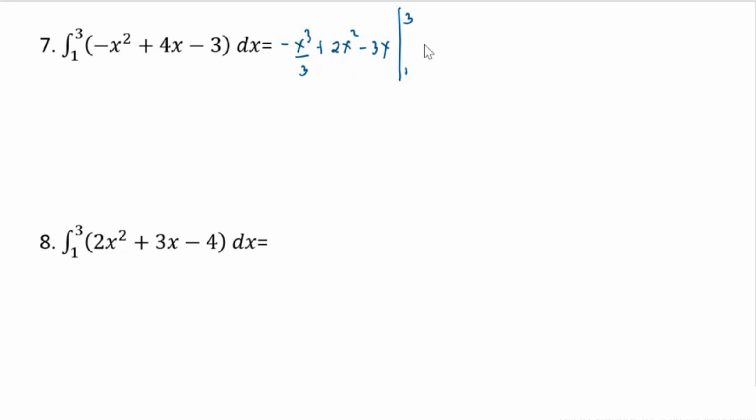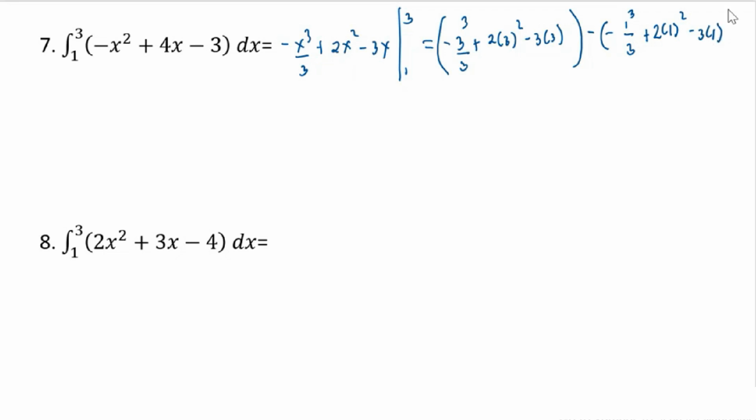So by substitution, we start now using the fundamental theorem of calculus, which is F(b) minus F(a). So we have the negative of 3 cubed over 3 plus 2 times 3 squared minus 3 times 3. So this is now our F(b) minus the F(a). We're going to replace x by 1. So we have the negative of 1 to the third power over 3 plus 2 times 1 squared minus 3 times 1, then close.